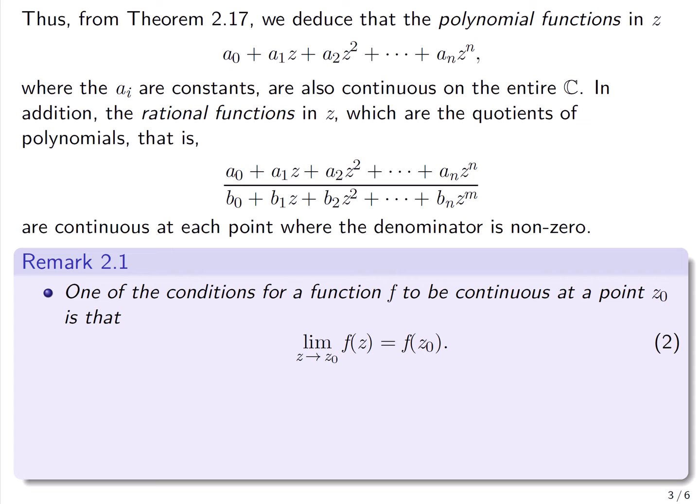In addition, consider the rational function in z, which is a quotient of two polynomials. We have two polynomials of degrees n and m, which need not be the same, and we divide the two. You can see that the rational function is also continuous when the denominator is not equal to 0.